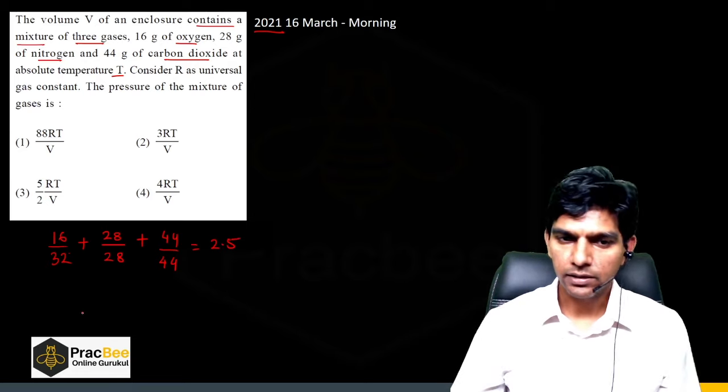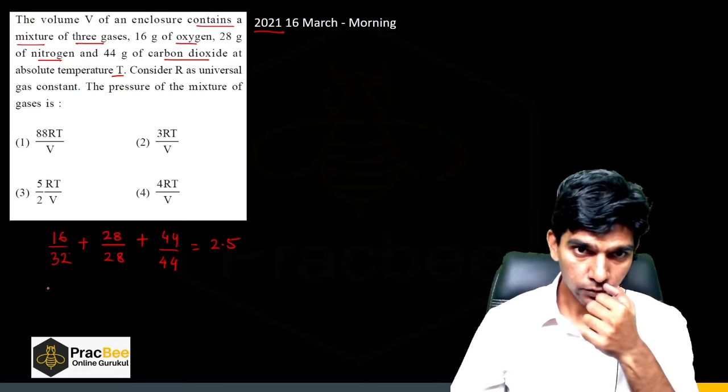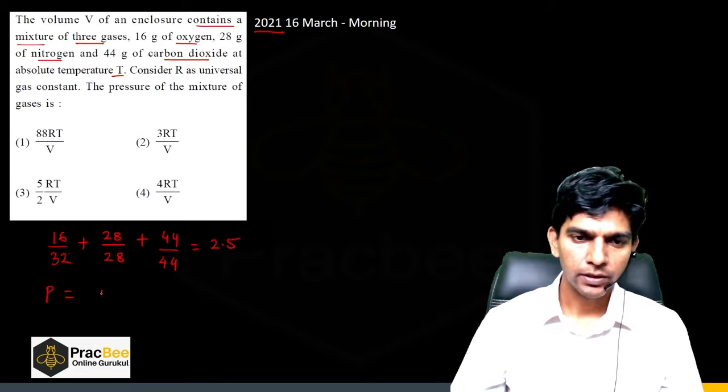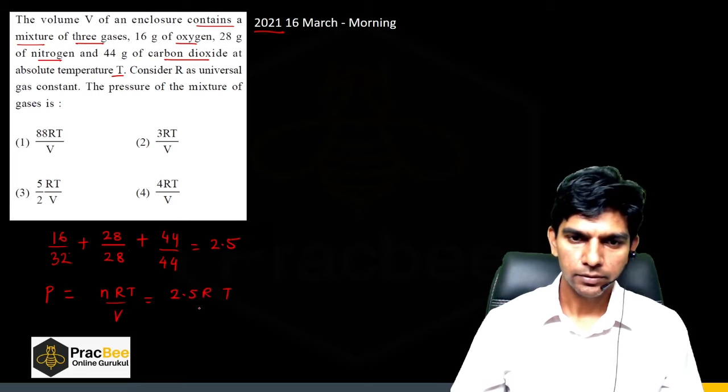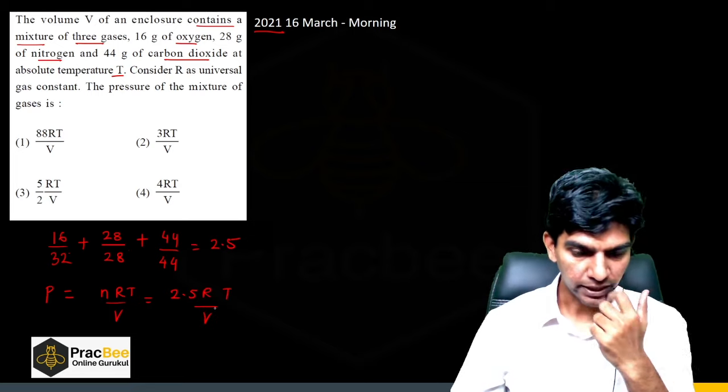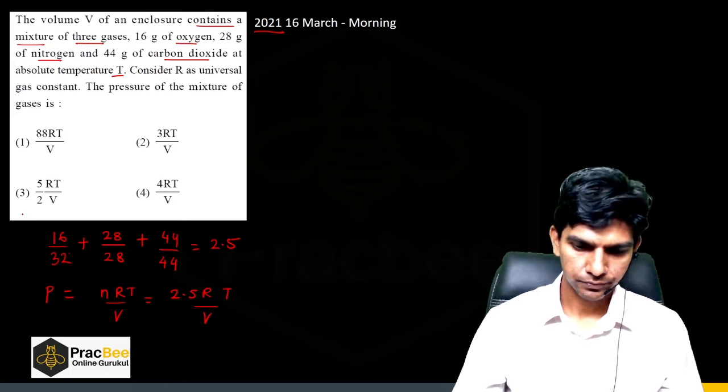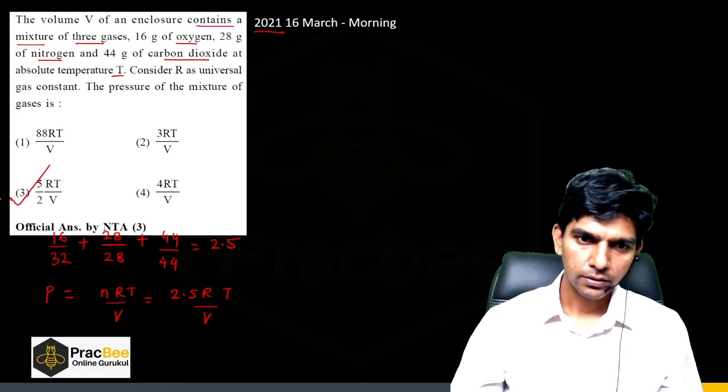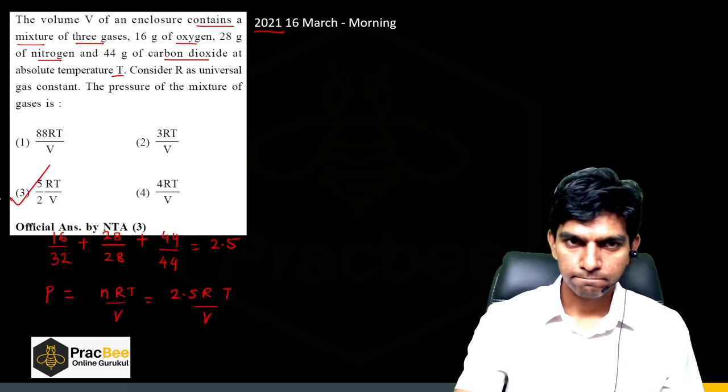Now let us apply the ideal gas equation, and we have to find the pressure. So pressure will be nRT by V. So n is 2.5, so 5/2 times RT by V. So option 3 is the right answer.